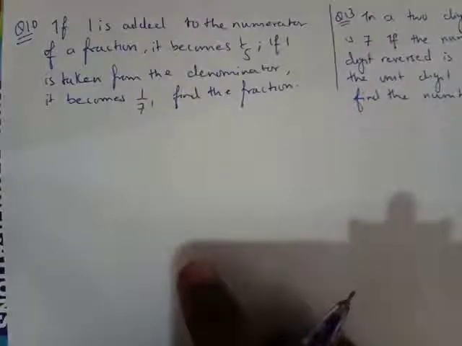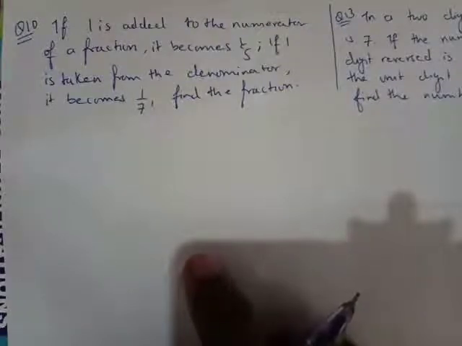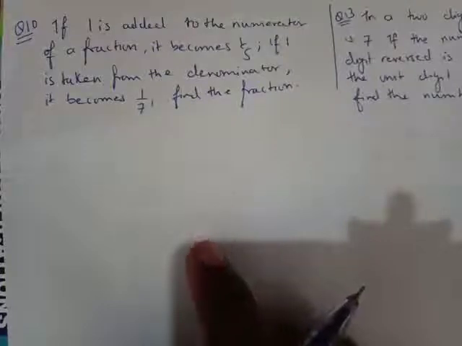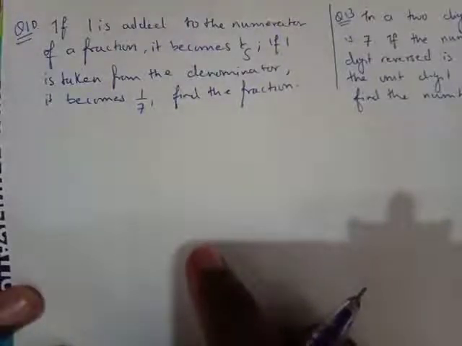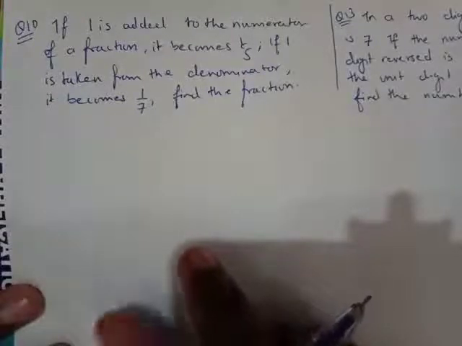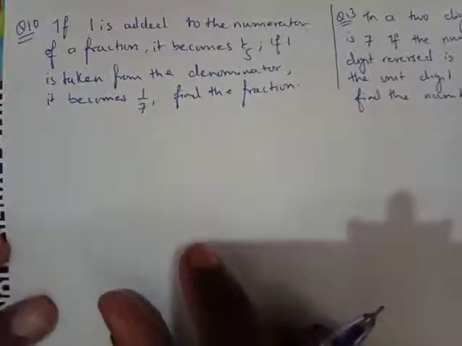Question number 10 says, if 1 is added to the numerator of a fraction, it becomes 1 upon 5. If 1 is taken away from the denominator, it becomes 1 upon 7. Find the fraction. In this question, there's a fraction with a numerator and a denominator.